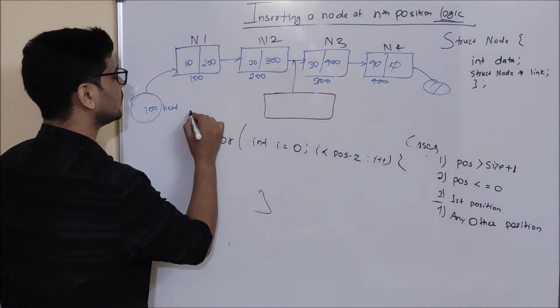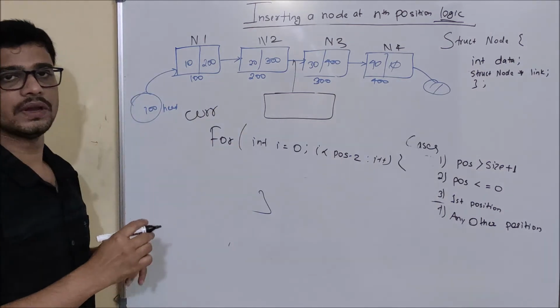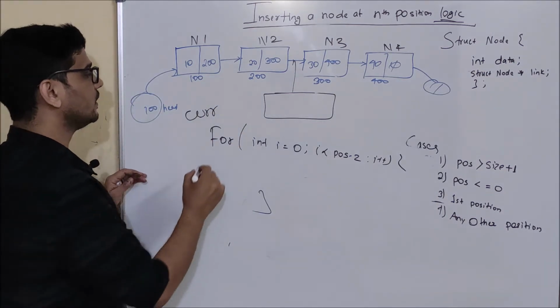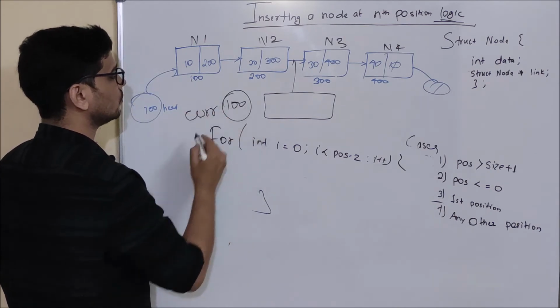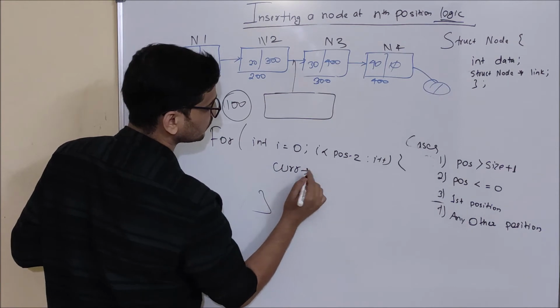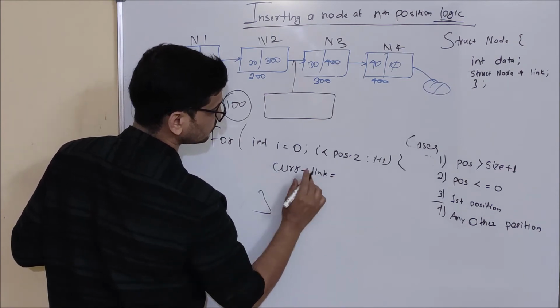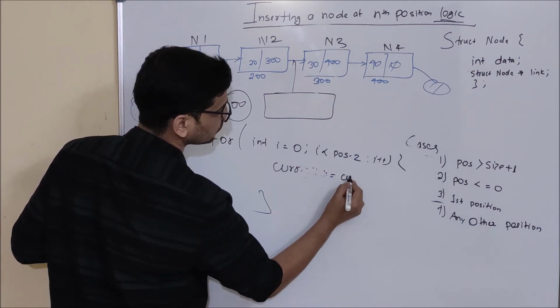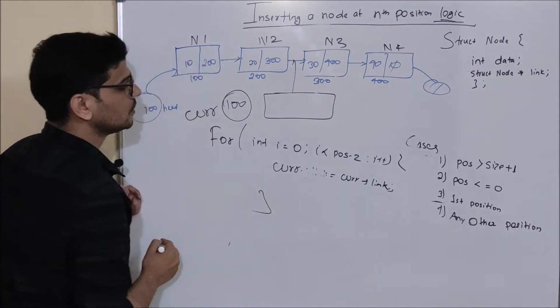And one more thing, the pointer which I will be using for traversing, I am naming it as cur, and in it I will be putting the value there in head. So in every iteration I am going to update cur's link part: cur equal to cur dot link.